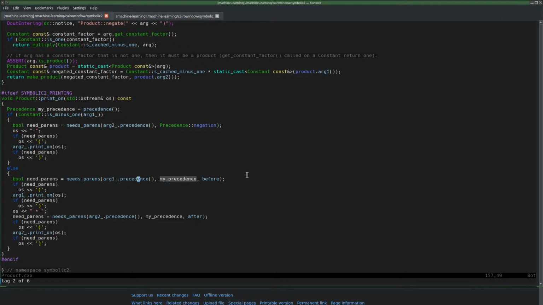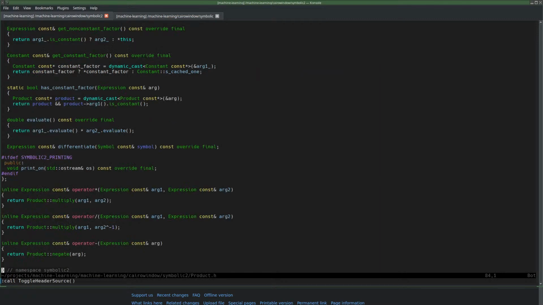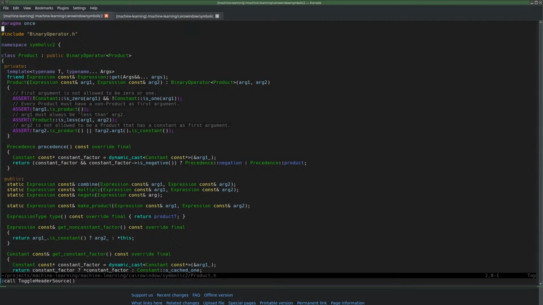And the precedence of this thing itself is the precedence of the product, which is also negation. Ridiculous, of course.